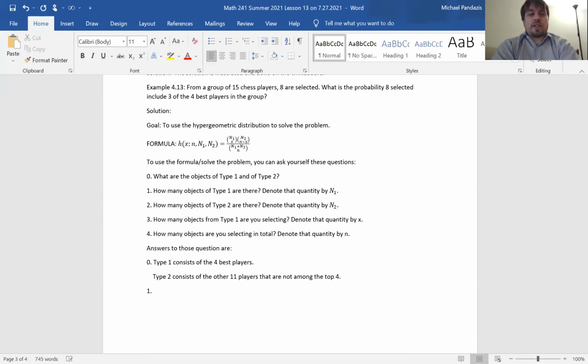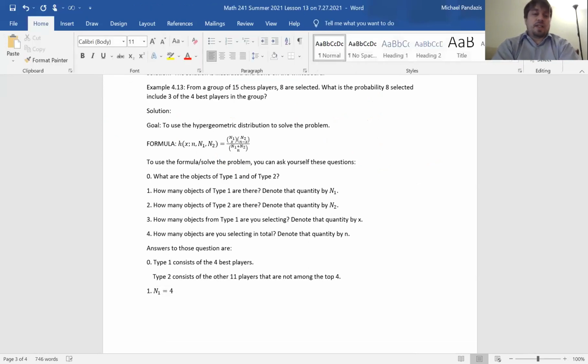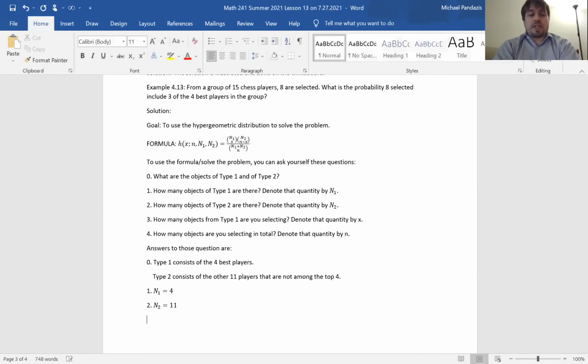Question 1, how many objects of type 1 are there? We answered that on the whiteboard, N1 is equal to 4. The 4 best players, the number is 4. How many objects of type 2 are there? Type 2 are all the other players. It's 11 because it's a total of 15.